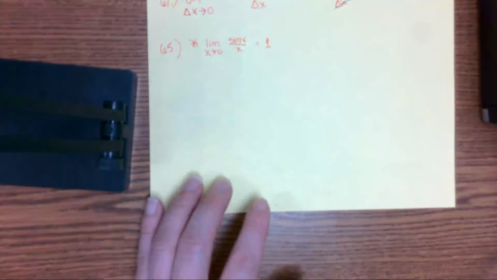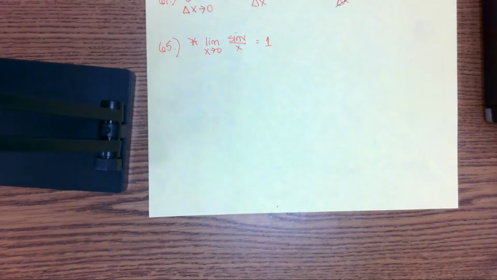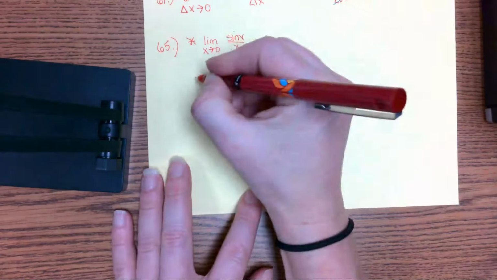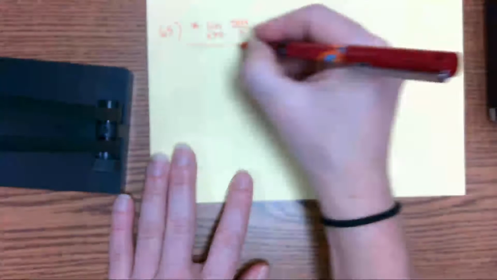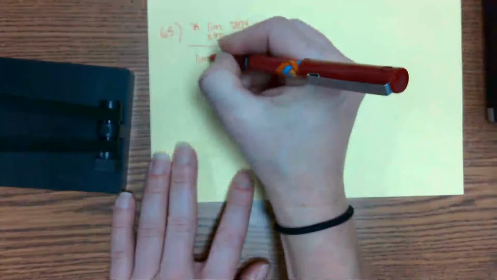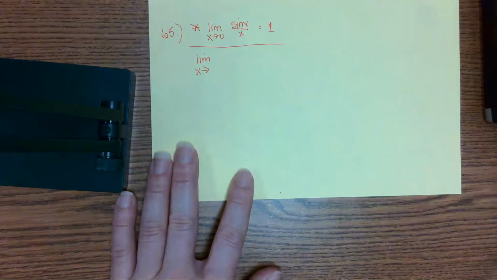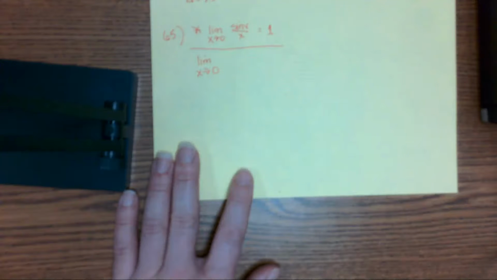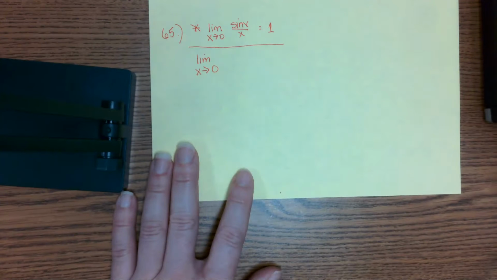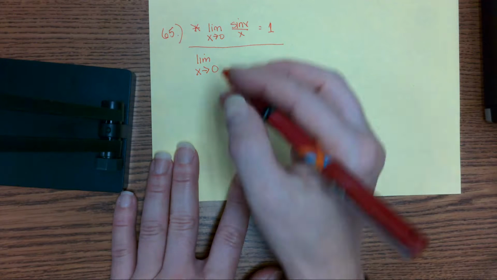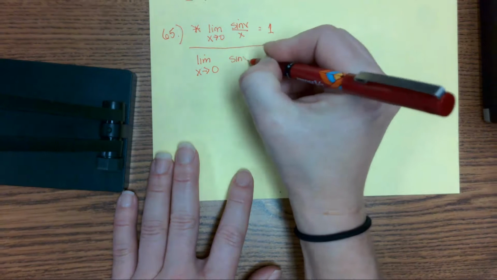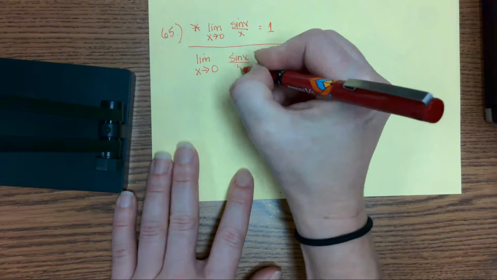Uh-oh, somebody's going really fast. So let's see what the question asks. What's the limit as x goes to 0 of sine x over 5x?